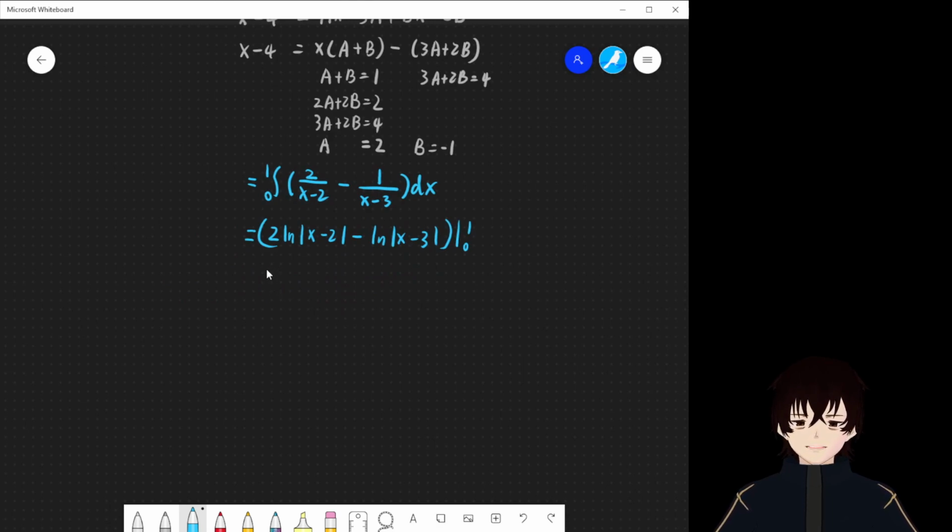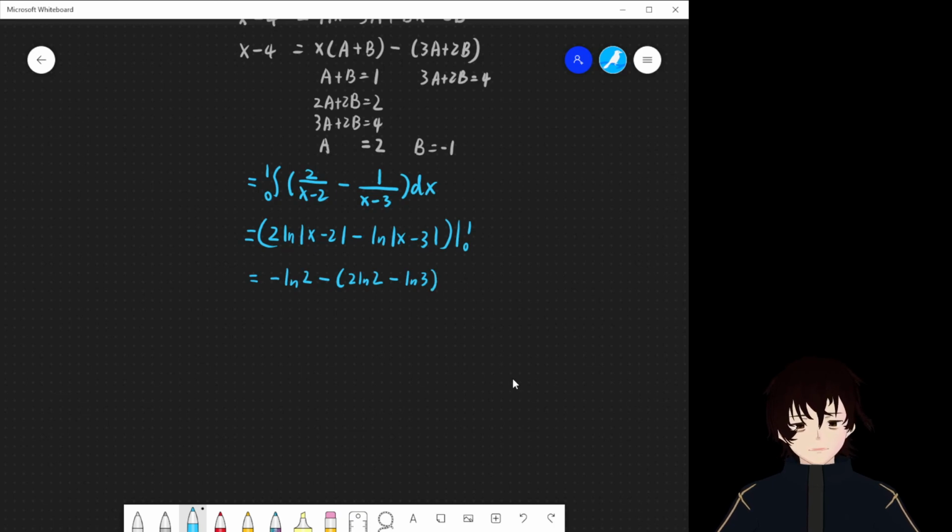Okay, I really have to do this. Natural log of 1 is 0. So we get natural log of 1 minus natural log of 2, minus 2 natural log of 2 minus natural log of 3.